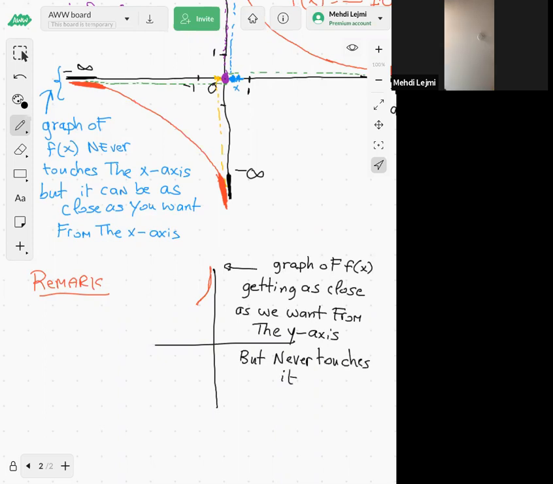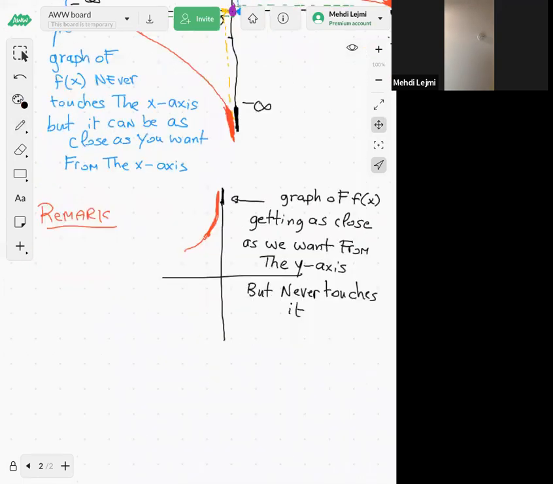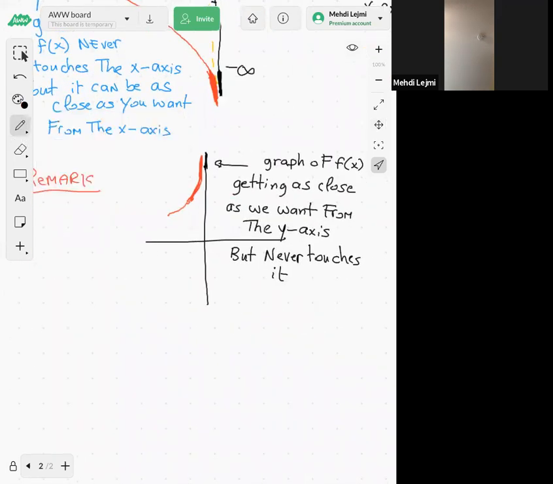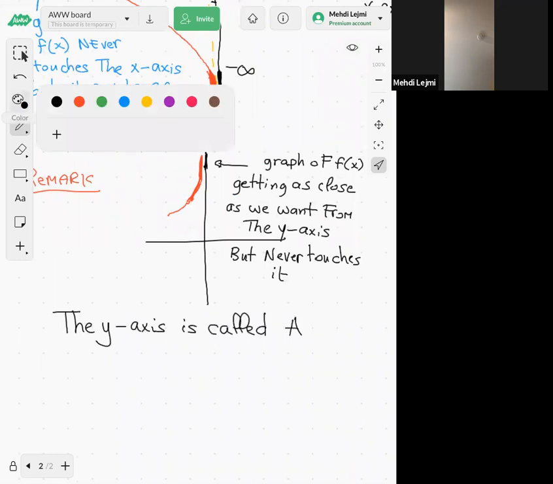Okay, so in this situation, we say that we call the y-axis a vertical asymptote. So we are in the situation where the graph is very close to the y-axis, but it never touches the y-axis, right? Then in this situation, we call the y-axis a vertical asymptote.